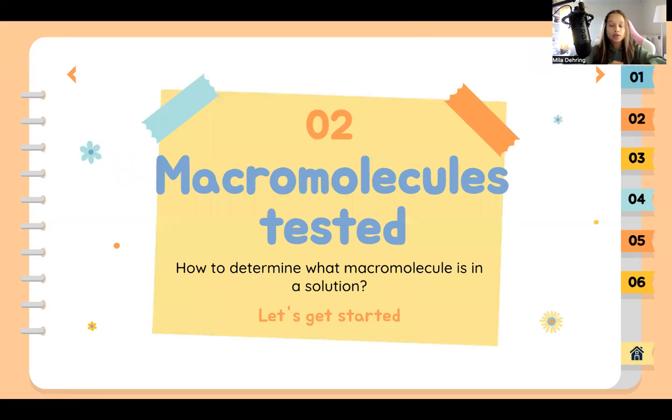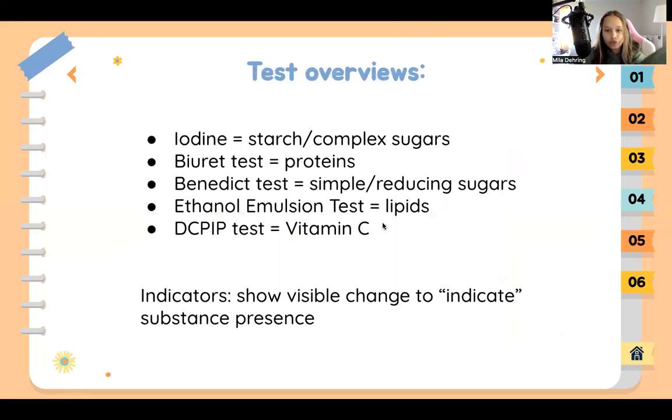So now it's time for us to look at the macromolecules and the tests that will be used to determine if a macromolecule is present in a solution. So for the test overview, we have the iodine, biuret, Benedict, ethanol, and DCPIP tests.